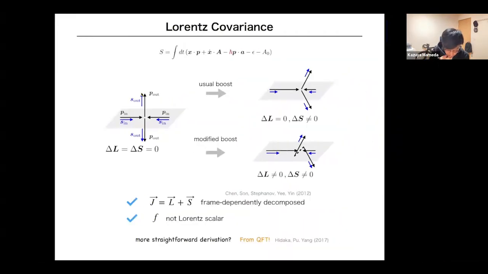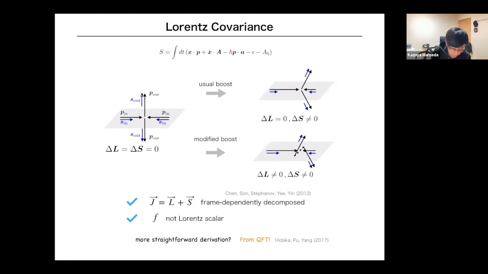And the important point is that, of course, the total angular momentum conservation should be respected in any frame. However, if you go to a different frame, the total angular momentum is decomposed frame-dependently.